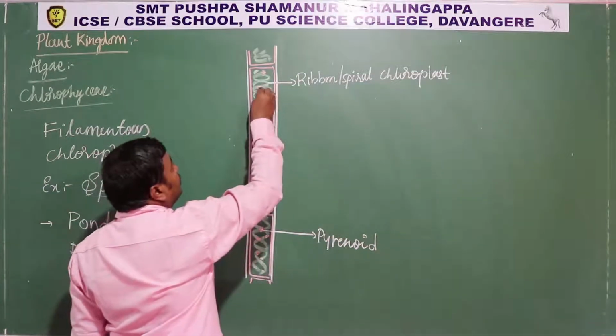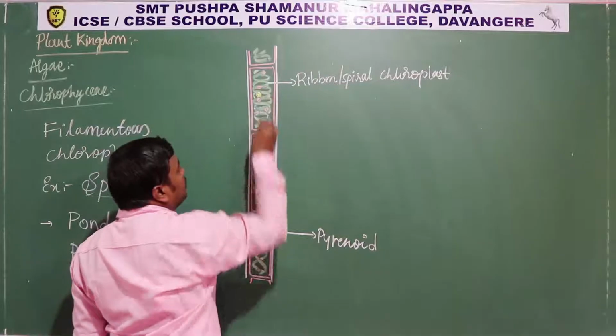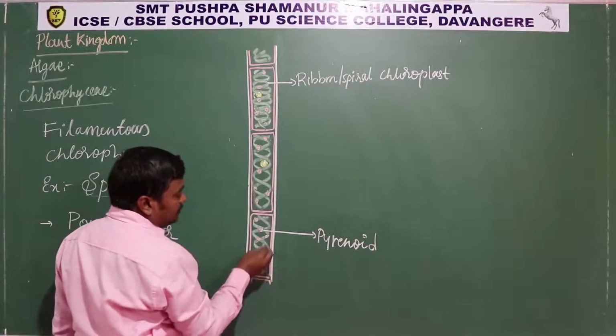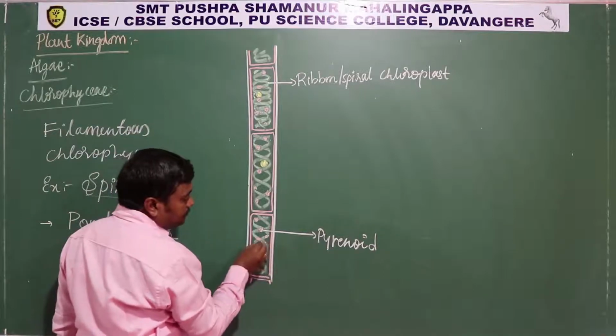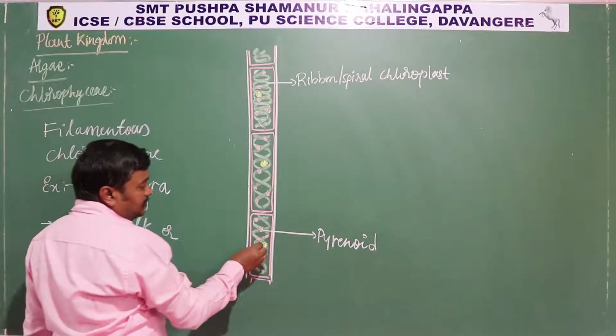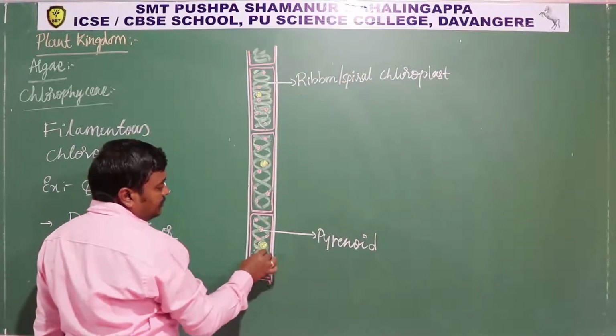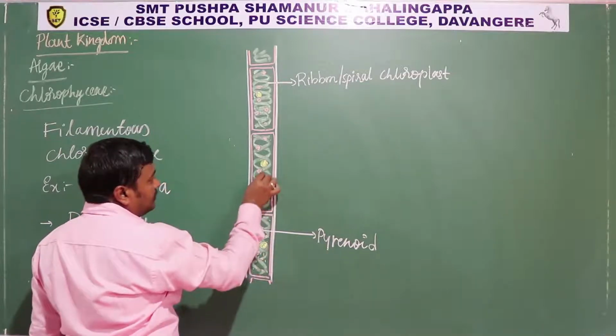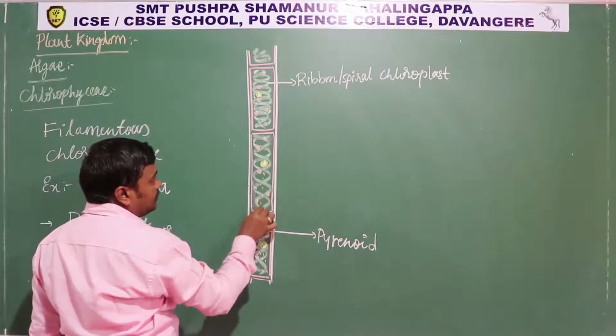Along with that it also has a nucleus. The nucleus is there, and it is connected through cytoplasmic strands. The cytoplasmic strands are like this.